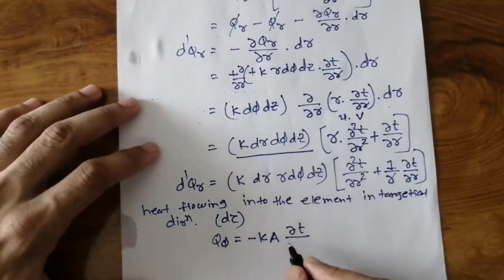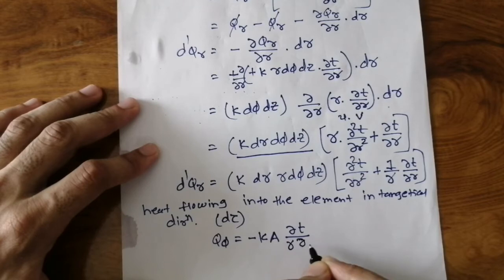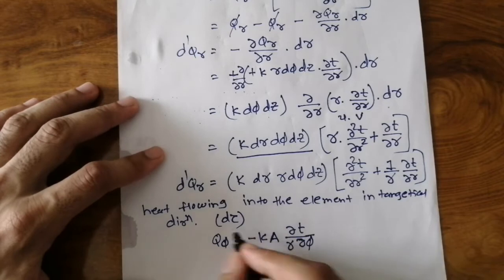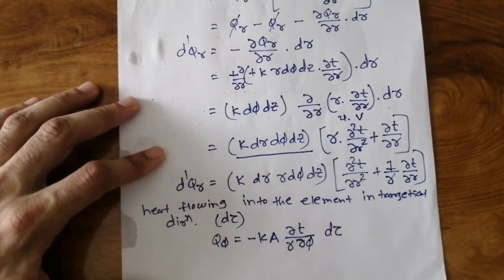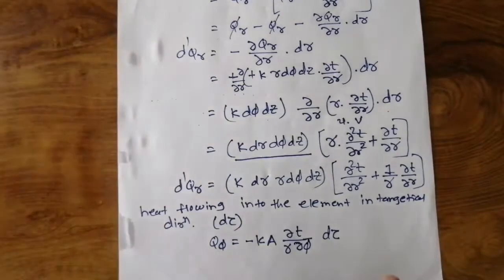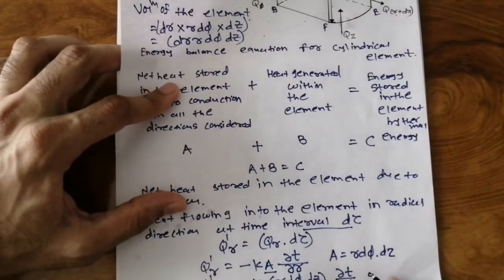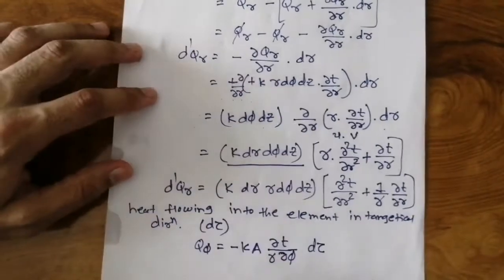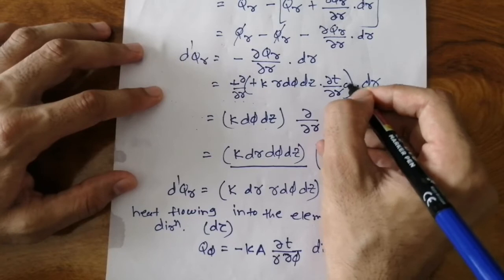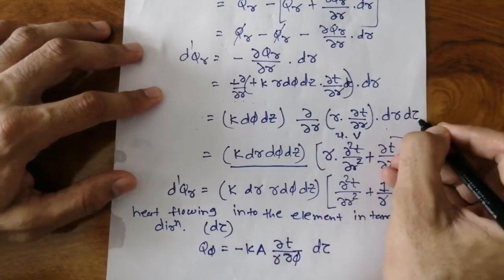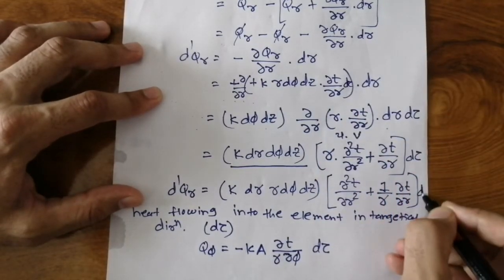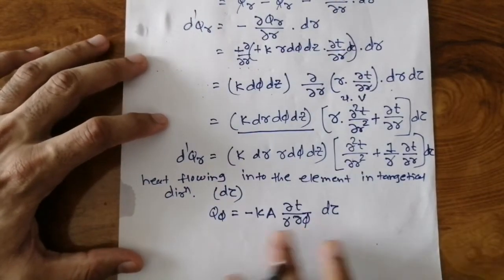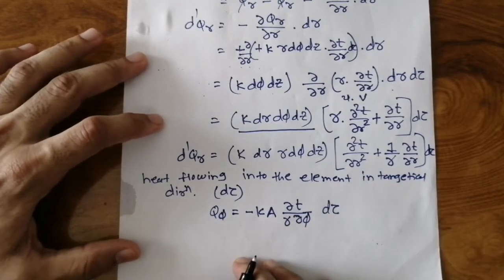So we write ∂T/(r ∂φ), and the time interval is dτ, similarly as in the radial direction. That is the heat flow in the tangential direction.